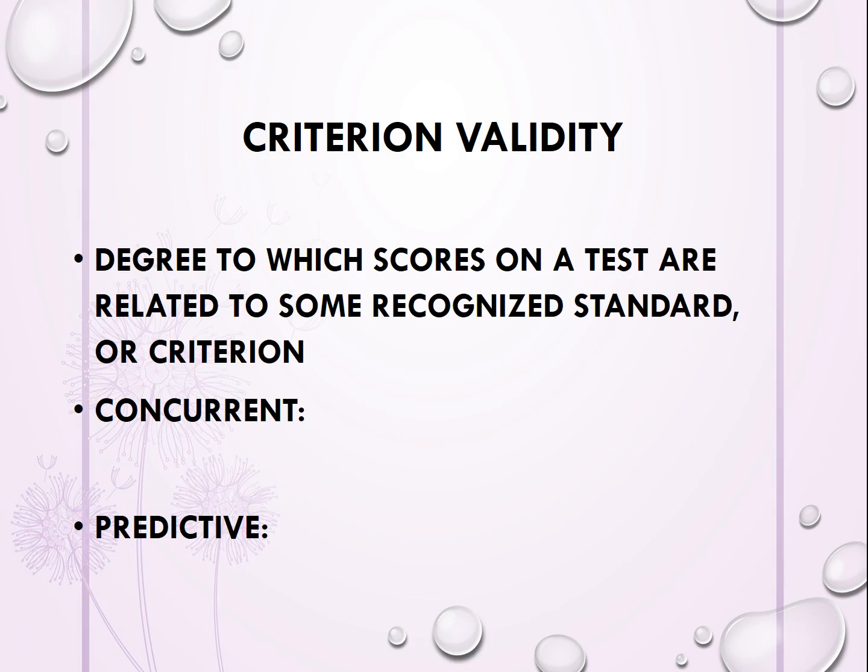Popular criterion measures include an already validated or accepted measure such as lab techniques. It is usually employed when the researcher wishes to substitute a shorter, more easily administered test for a criterion that is more difficult to measure. For example, we use the International Physical Activity Questionnaire to capture individuals' daily physical activity.